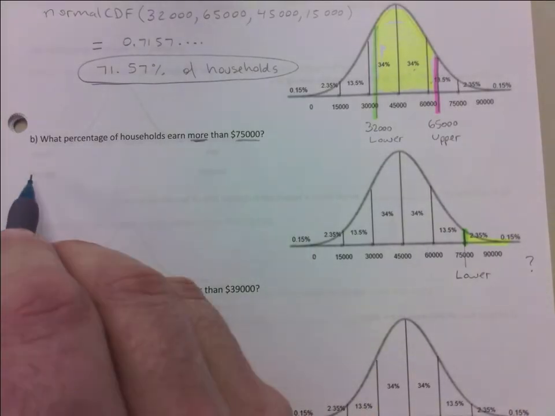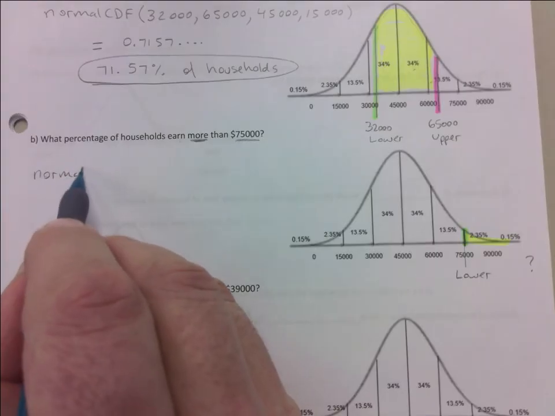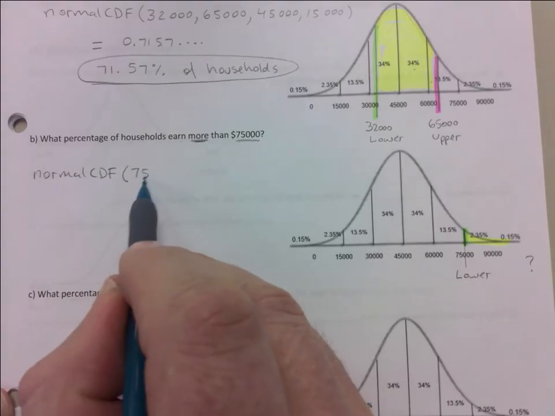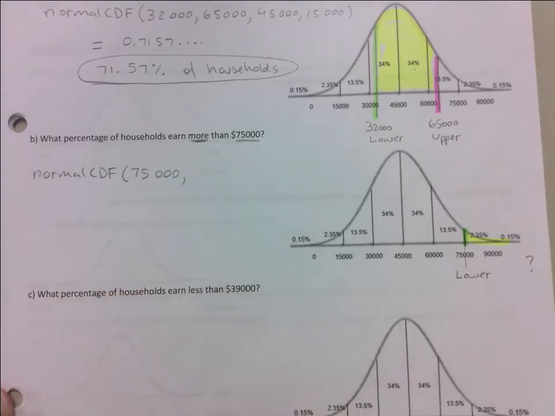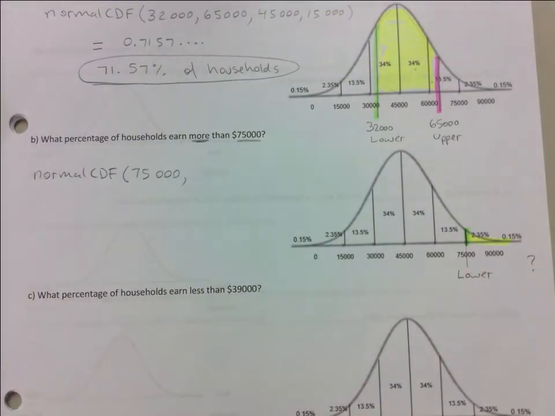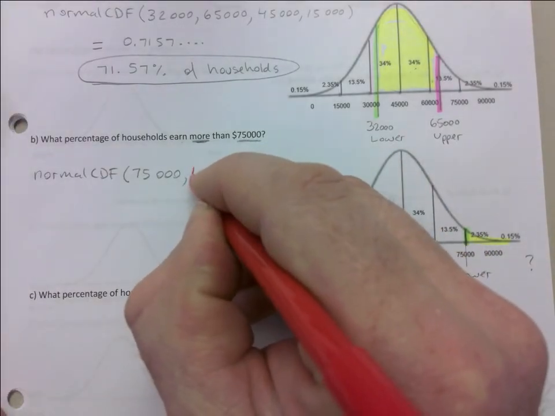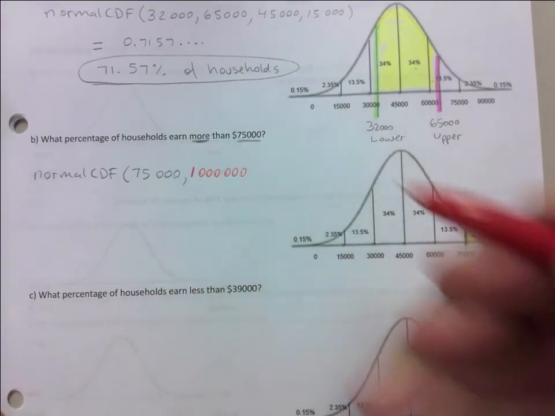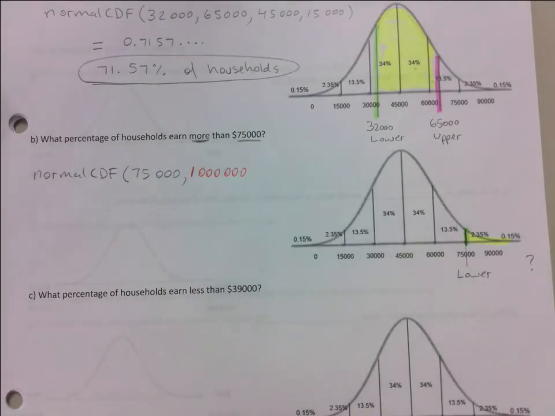So watch this. Normal CDF. I start at 75,000. And what number would you like? A million? Sure. A million is so far to the right.